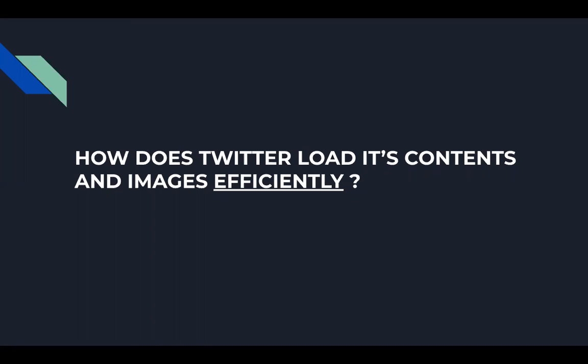If you open Twitter without internet, you would notice that some tweets don't have the images displayed. But if you turn on your internet or your mobile data, those images will now load. Having to do all those processes, loading the tweets and the images, what do you think Twitter uses to make sure those things load efficiently?